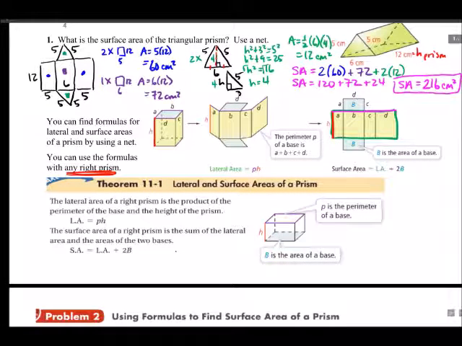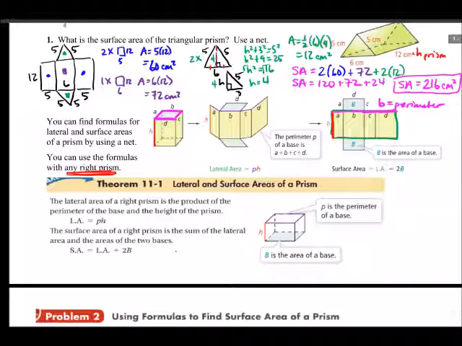Well, it's the length of all of our rectangles. And where does that come from? Well, look at what happens when it's folded up. It's this length plus this length plus this length plus this length, which is just the perimeter. So the length of our base is just the perimeter of the base of the prism.